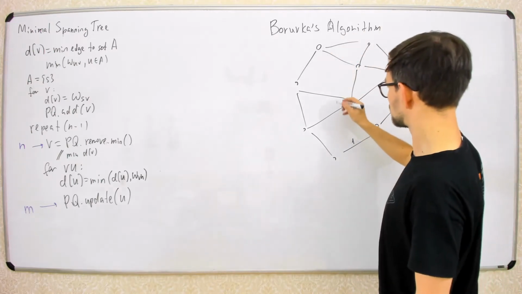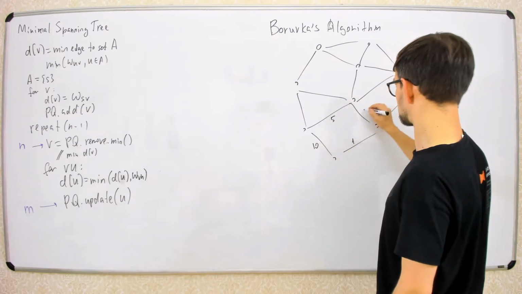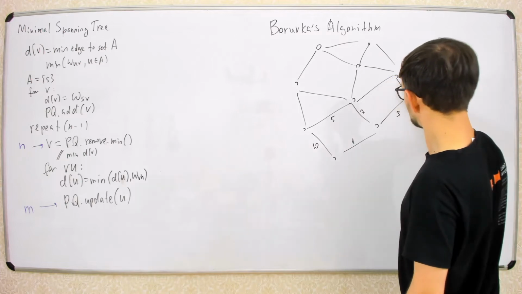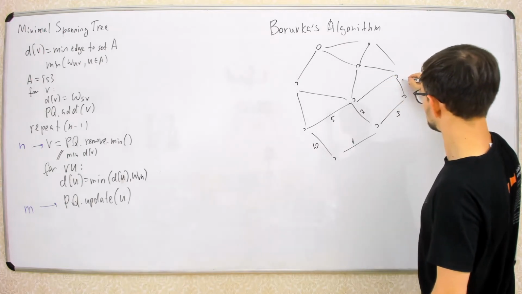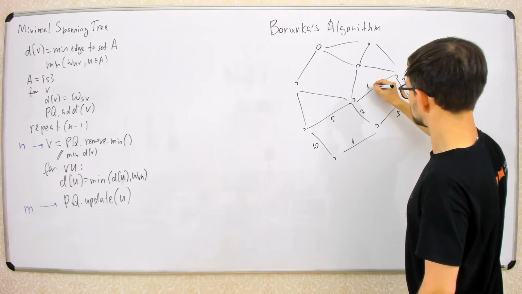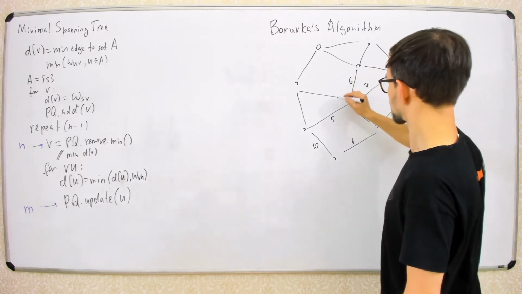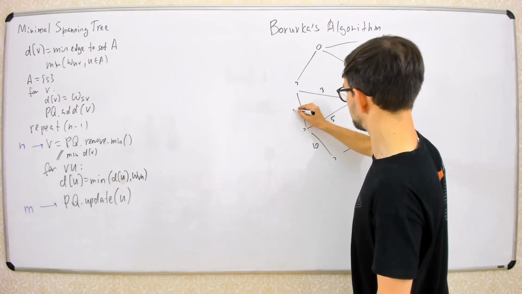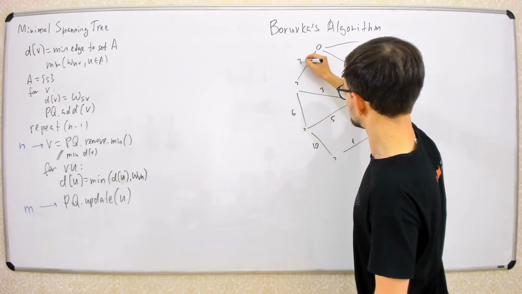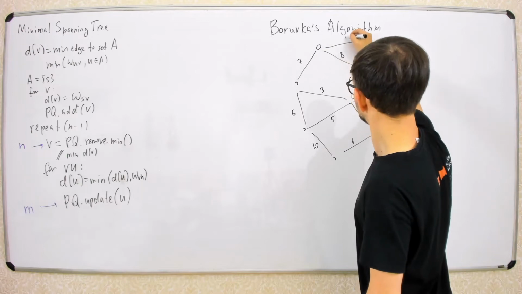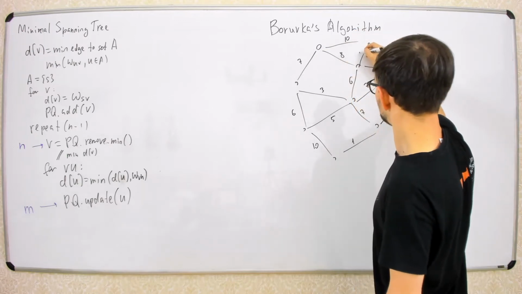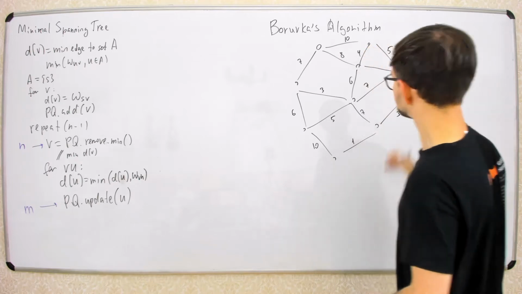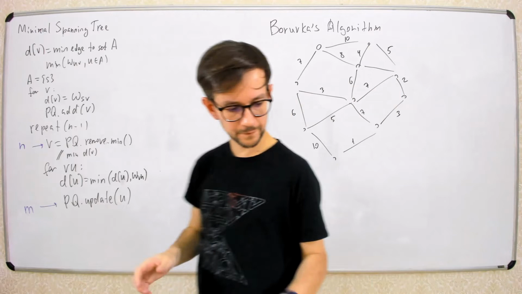Let's say 1, 5, 10, 7, 3, 2, 7 here, 6, and let's say 3, 6, 7, 8, 10. And something here, let's say 4 and 5.